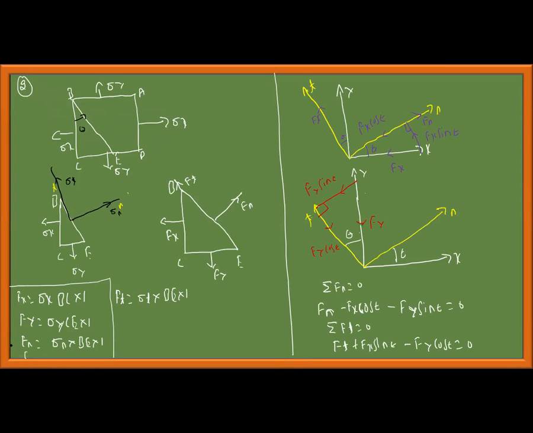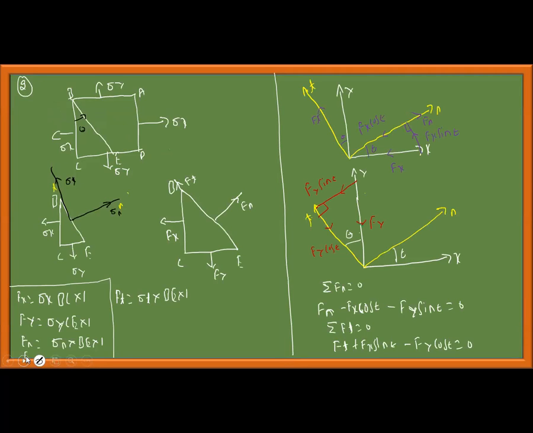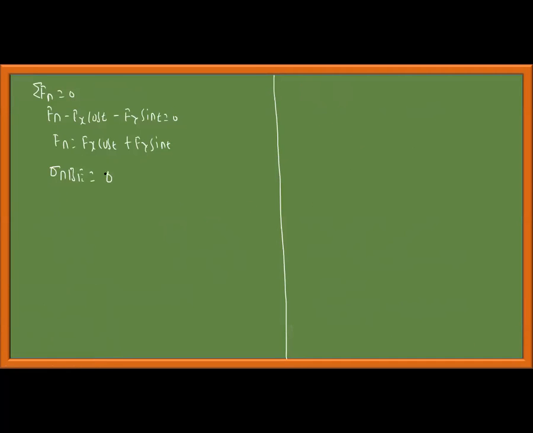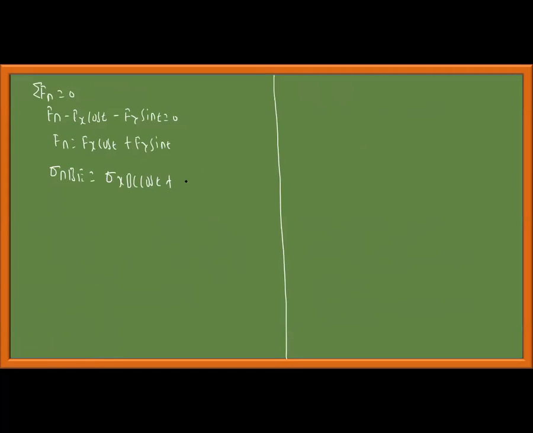F of n is nothing but sigma n b. Sigma n b is equal to f of x, sigma x bc cos theta, plus f of y, sigma y ce sin theta.